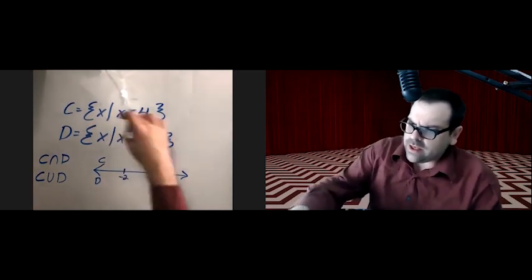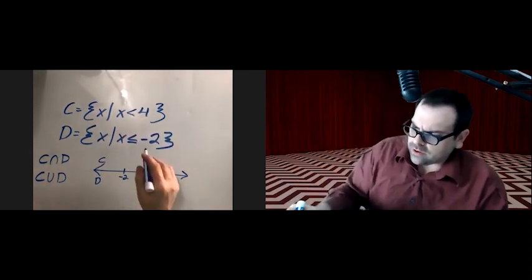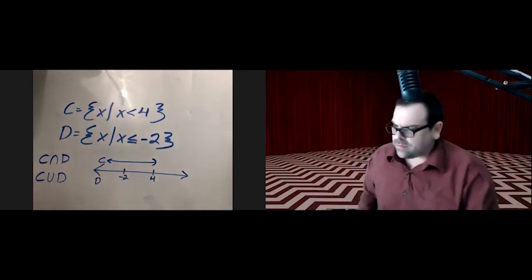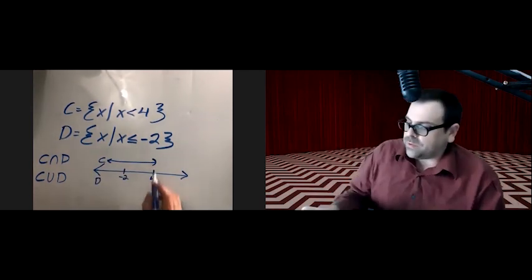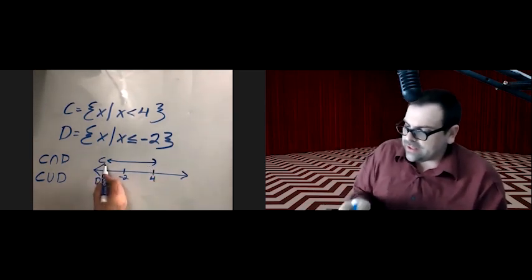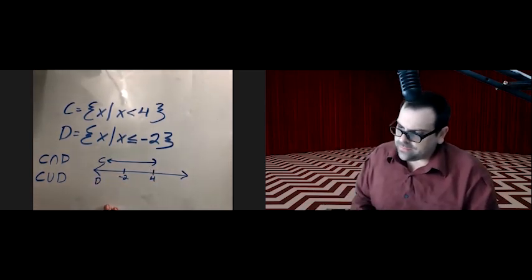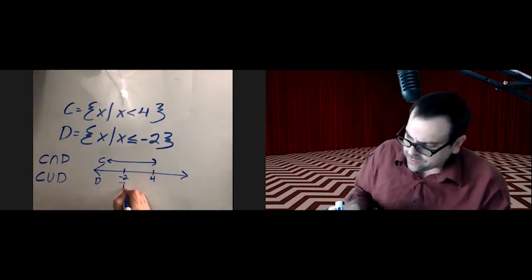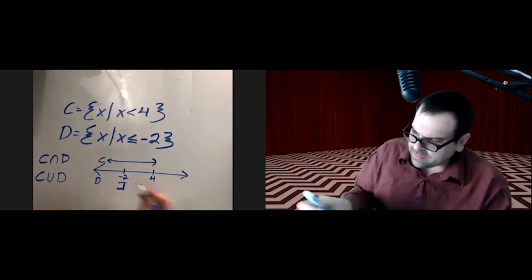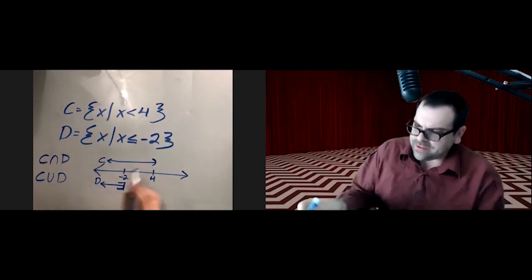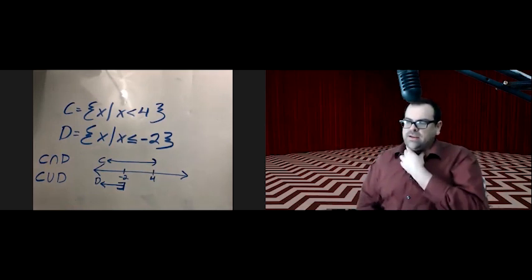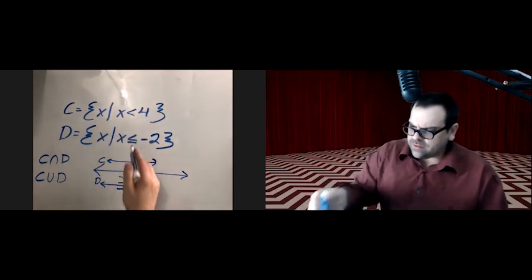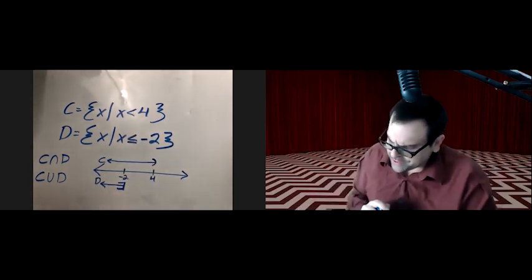C is x less than 4, so a less than would look like that with a parenthesis, and we're shading the things less than 4. Less than or equal to -2 would be a square bracket, but we're still going to the left because we're shading the things less than -2.